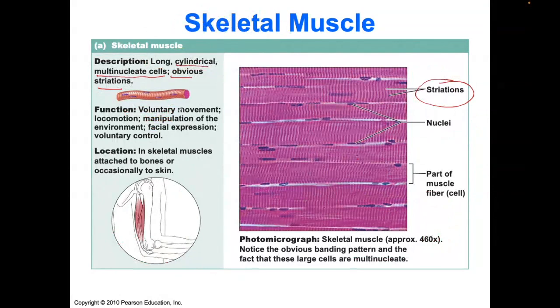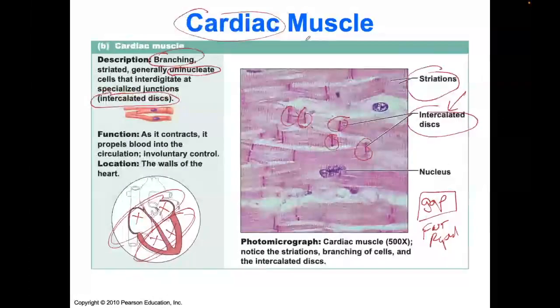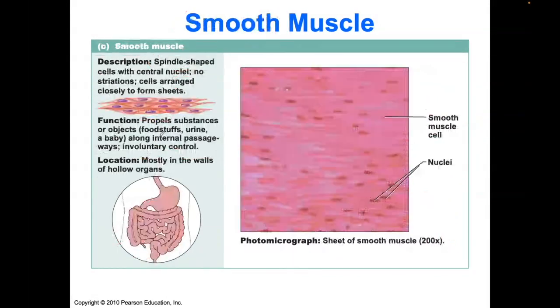So skeletal muscle, these are voluntary, they're striated, they're multinucleated, they have the ability of attaching to bones and moving them. Whereas cardiac muscle is highly branched, they're uninucleated, they have intercalated discs, and they're not voluntary. They're involuntary.